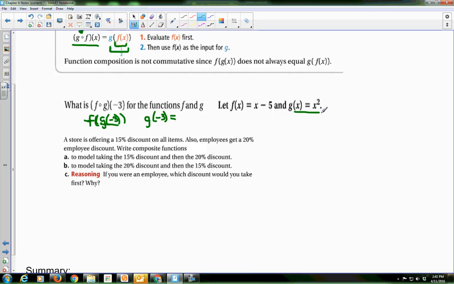When I put negative 3 into my g function, I get out 9. So I'm going to find f of 9, because g of negative 3 is equal to 9. Then I take my f function, x minus 5, and replace x with 9. 9 minus 5 is 4. So f of g of negative 3 is 4.